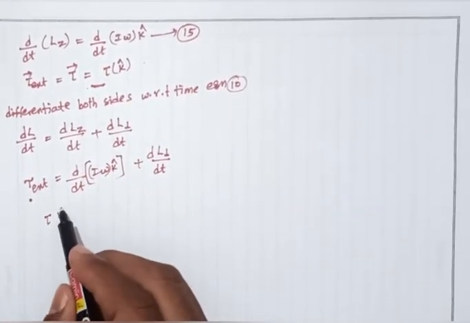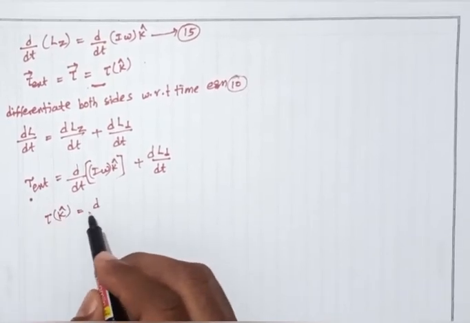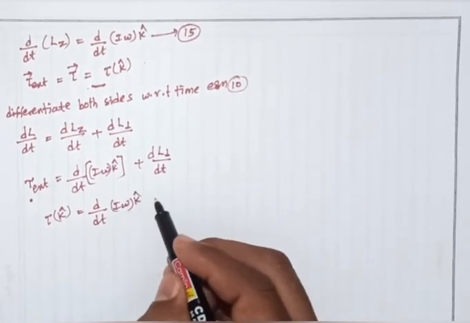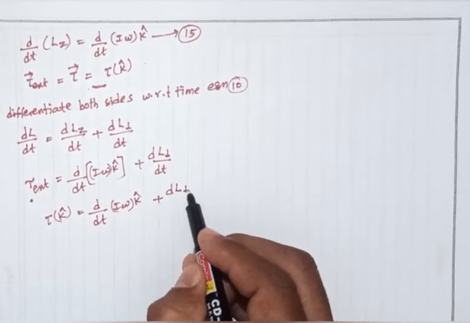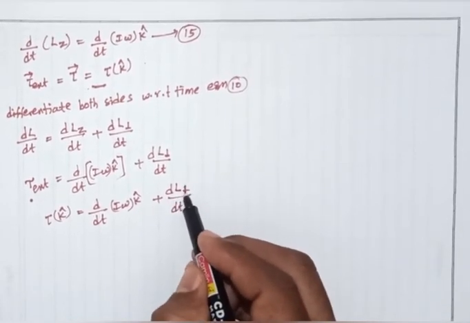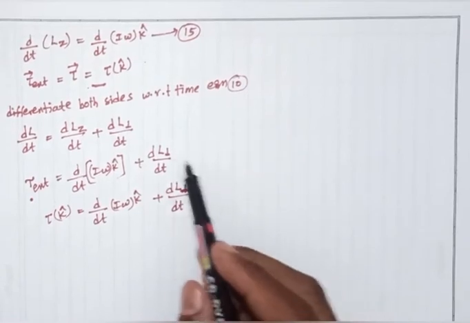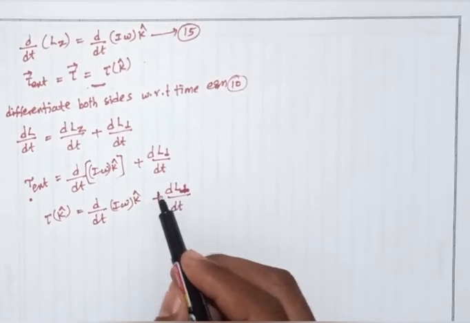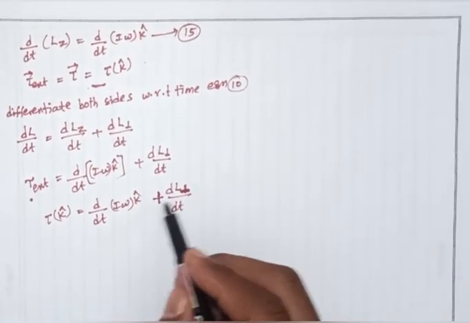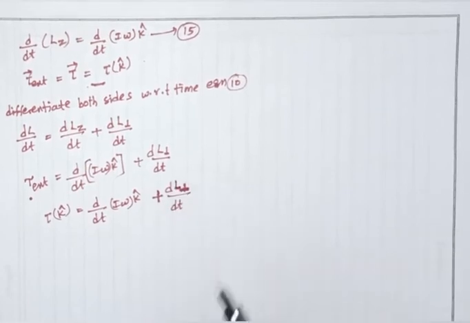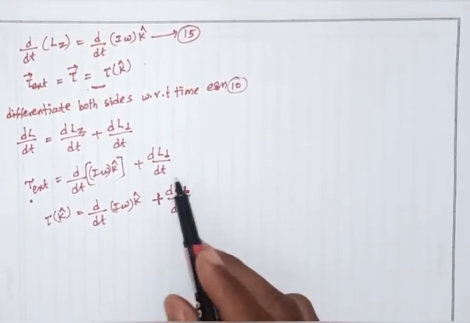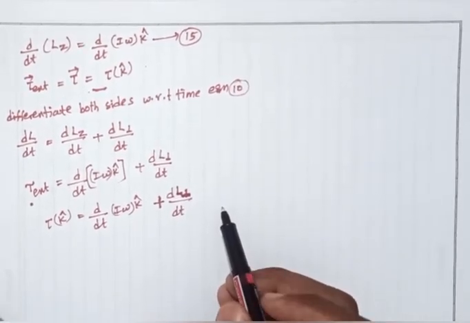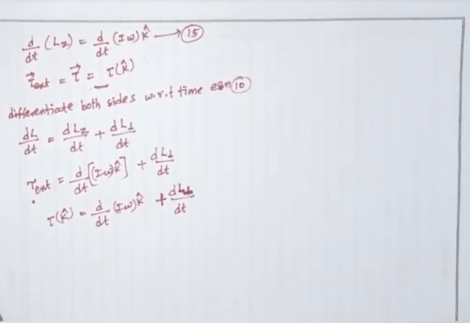So tau k cap equals d by dt of I omega k cap plus dL perpendicular by dt. Along the perpendicular line, the tau will be 0: there is no external torque, so the differentiation of angular momentum is 0.